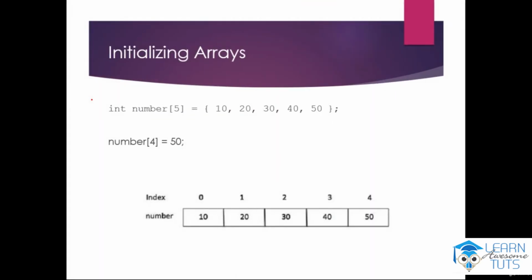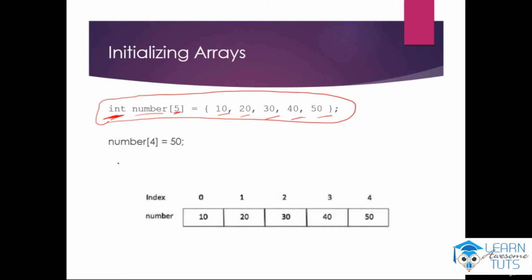You can initialize an array either one by one or using a single statement like this, where we declare an array called number with 5 values, all integers, and the values are 10, 20, 13, 14, and 15.